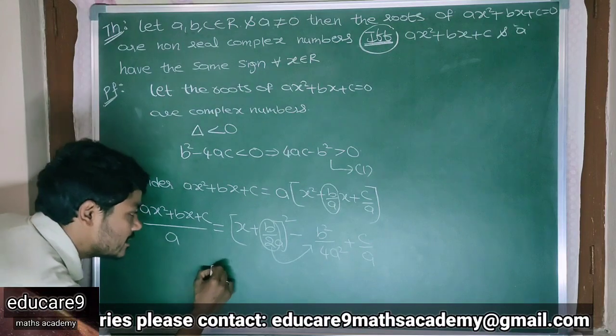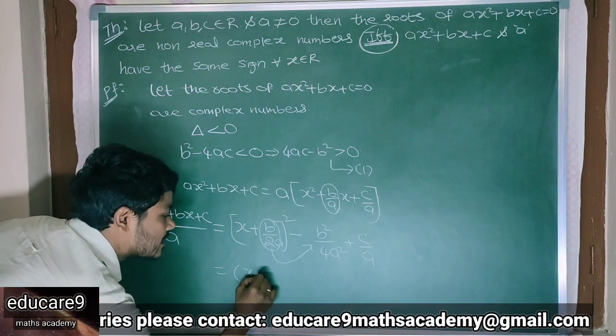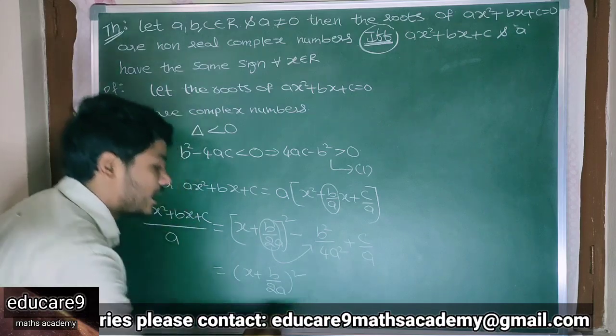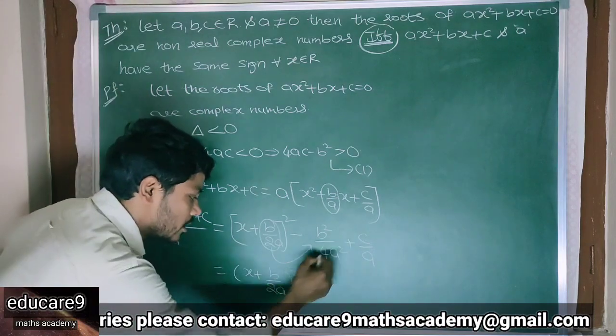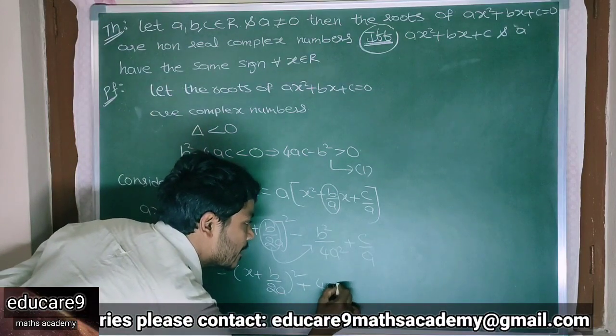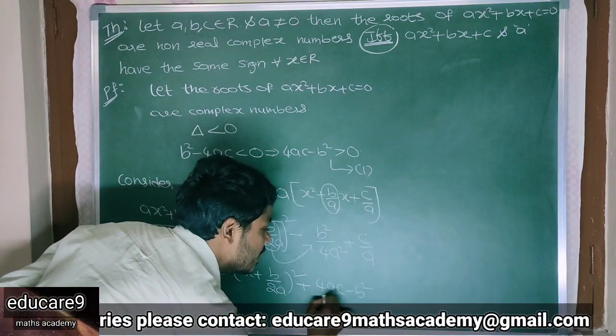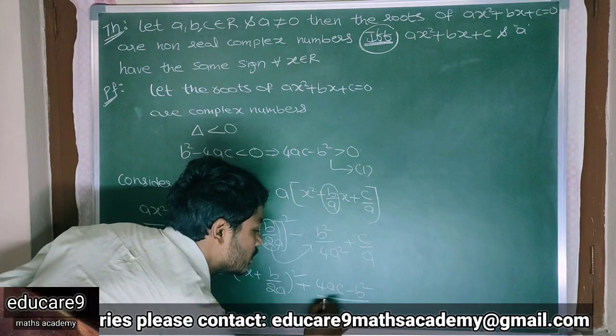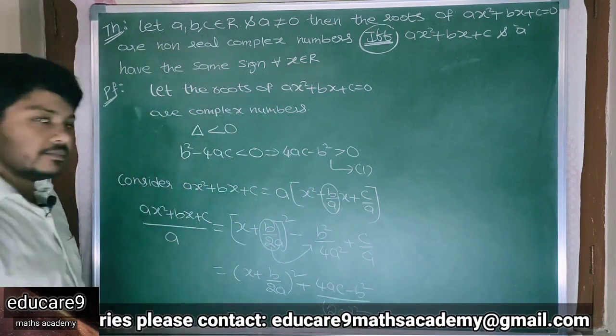Now this implies x plus b by 2a whole square. So simplify this, you get 4ac minus b square by 4a square, that can be written as 2a whole square.